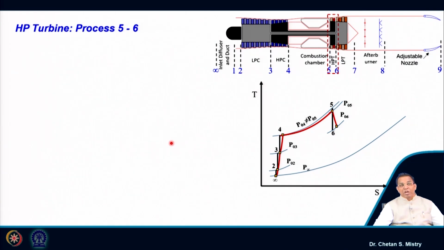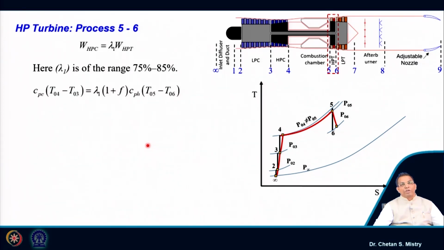So, we will do our work balance. Let us put the work balance: HP compressor work is equal to my HP turbine work, and here we incorporate the parameter called mechanical efficiency, and as we have discussed, this number will be in the range of 75% to 85%.